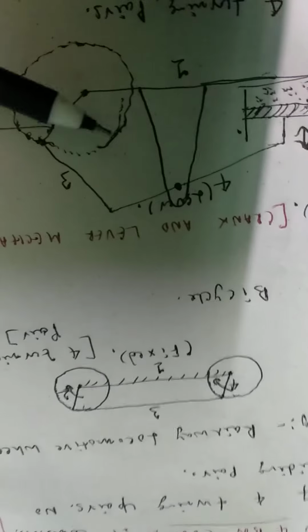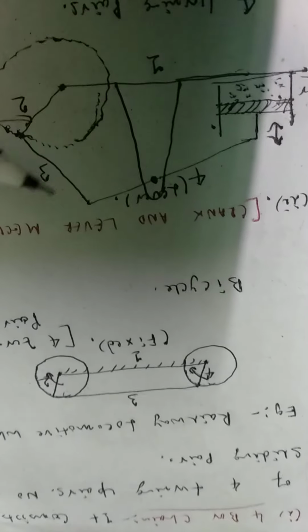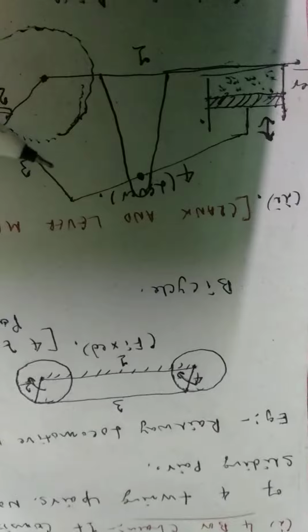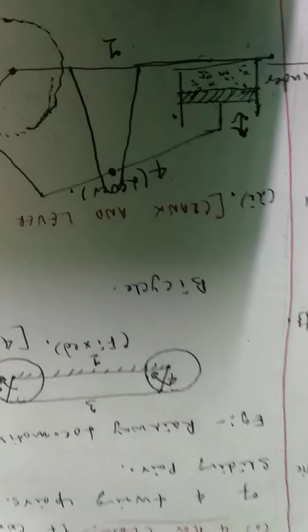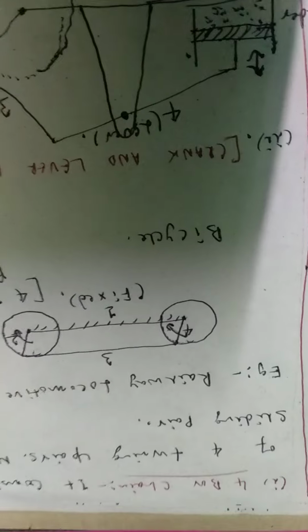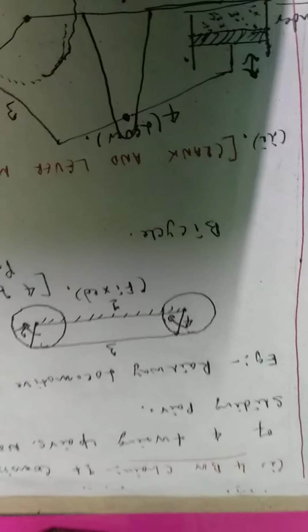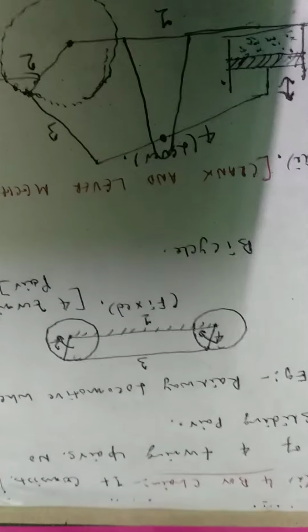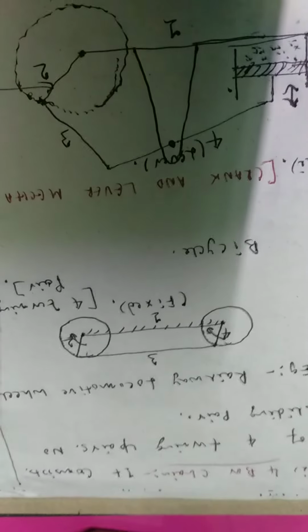As you can see over here, this is a diagram of a beam engine, which is also known as the crank and lever mechanism, which consists of 4 links as shown in the figure.